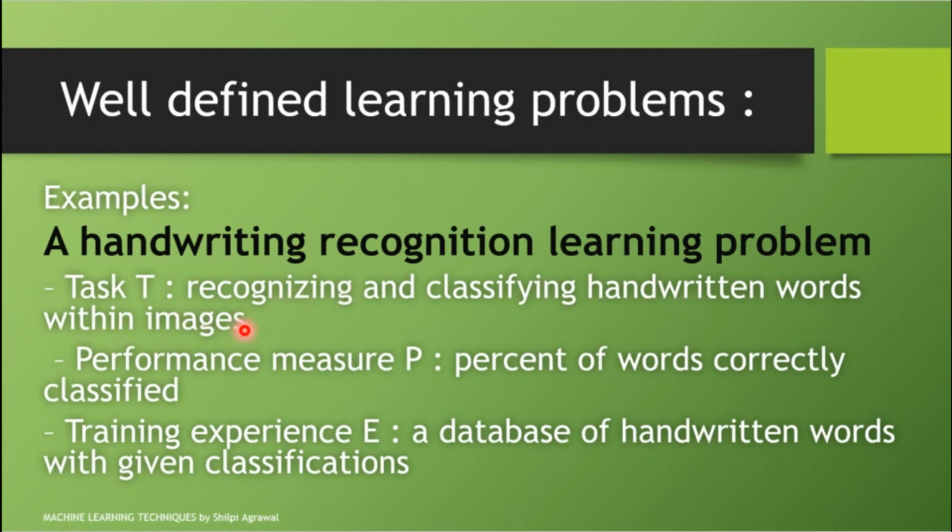So if you provide numerous handwritten alphabets or numbers, the computer can identify what the particular number or alphabet is. It can be learned through training experience, that is a database of handwritten words with given classifications.